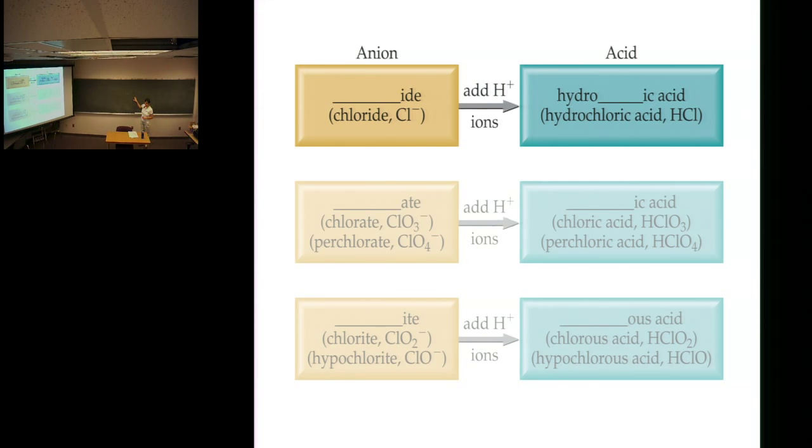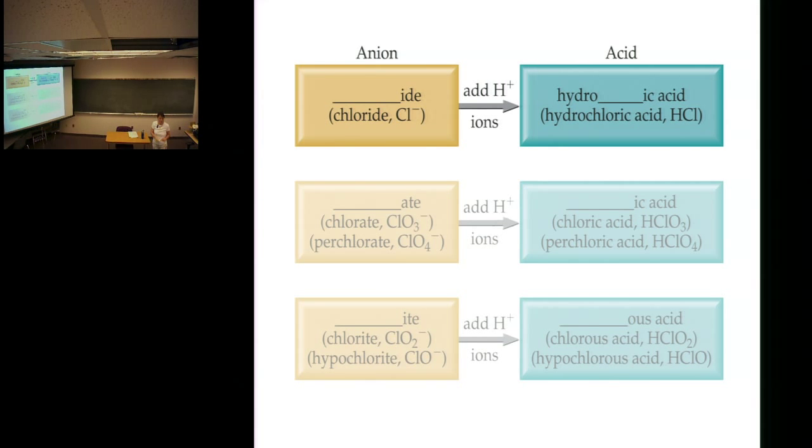So this becomes hydrochloric acid. That's it. Okay? So what's this one then? HBr, hydrobromic acid. HI is hydroiodic acid. That's it. Hydro and ic. So hydro goes with the binary acids.